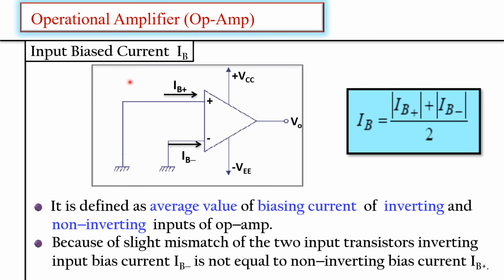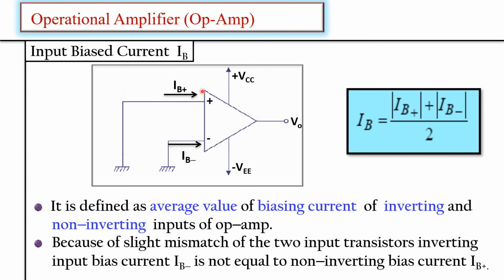First parameter is input bias current, IB. So far we assumed that the op-amp is an ideal op-amp, that means no current is flowing in the op-amp terminals. But actually, whenever the biasing voltages VCC and minus VEE are applied to the op-amp, a small amount of current flows into the input terminals.